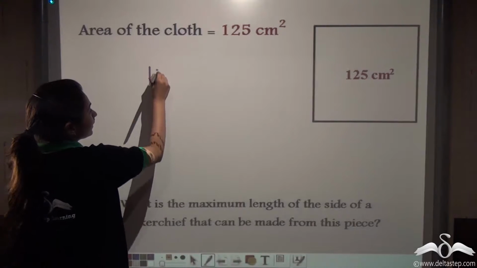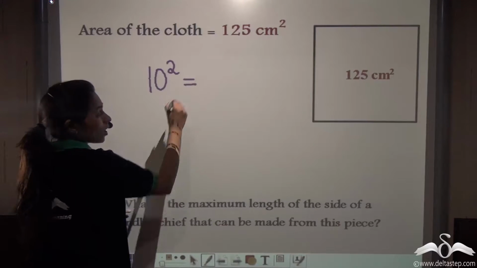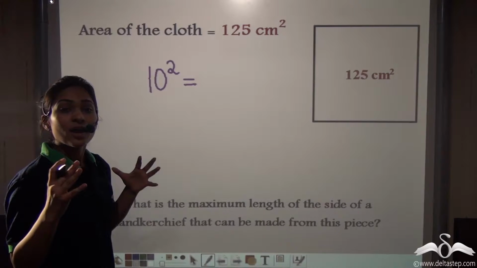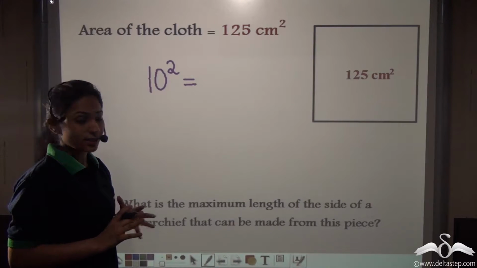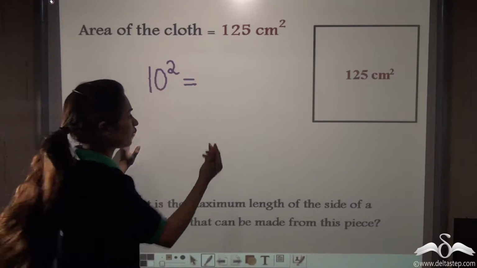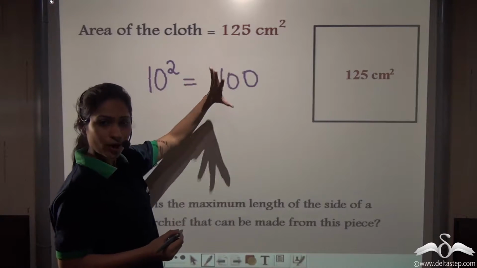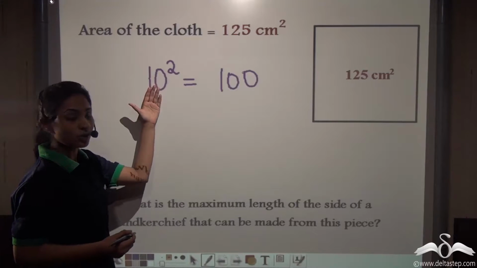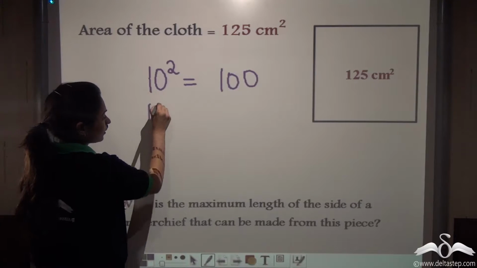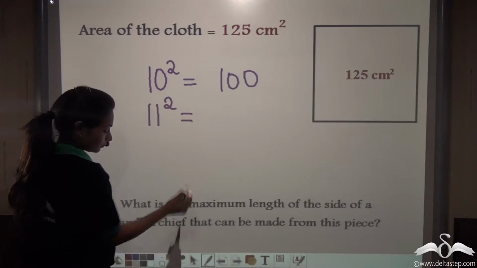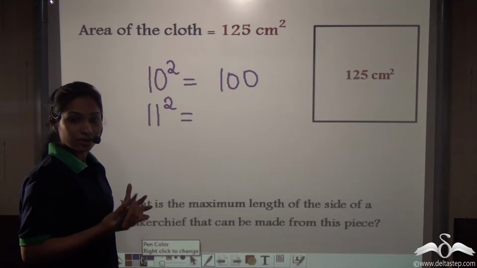Well, 10 square. Now finding out squares of multiples of 10, that is very easy. So 10 square is 100. Now we can see we are actually close to 125. Let us find out the next square. That is 11 square. Now 11 square means 11 into 11.